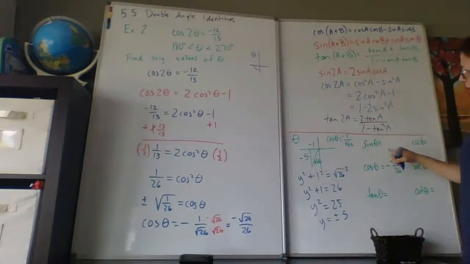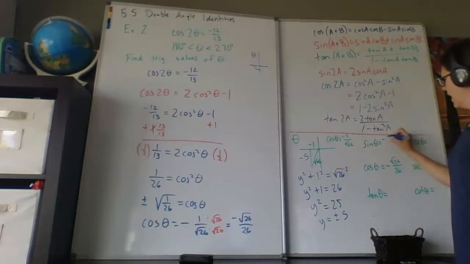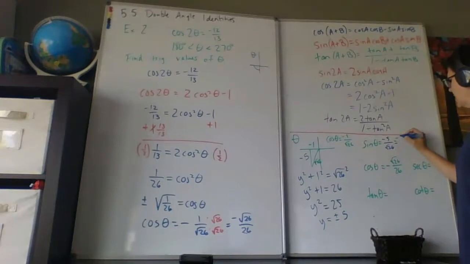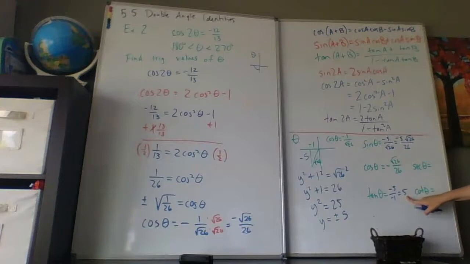Now I can find the sine by finding the y over r, or negative 5 over rad 26, rationalizing to get negative 5 rad 26 over 26. Tangent is y over x, or negative 5 over negative 1, or just positive 5.